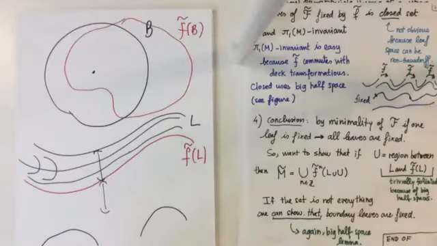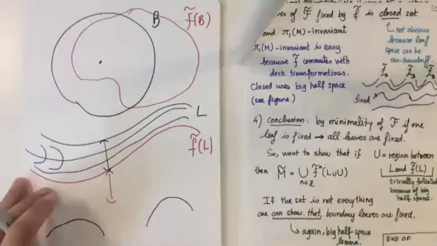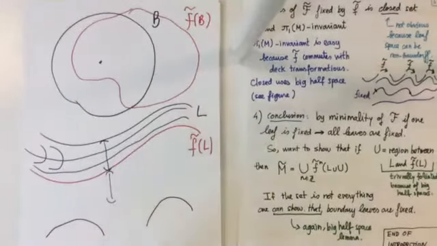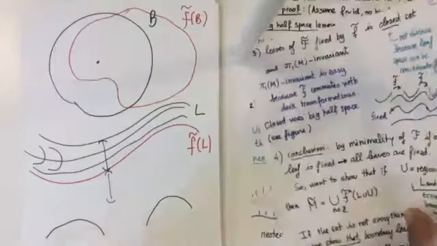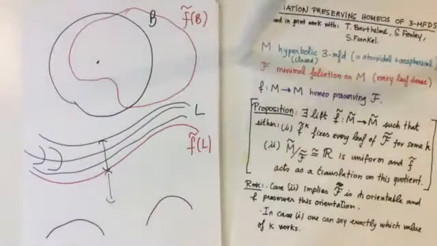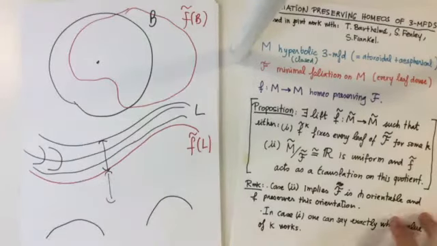Okay, so that was the sketch of the proof of the proposition, and this is the end of the introduction to the talk, and it gives us this result here. Okay.